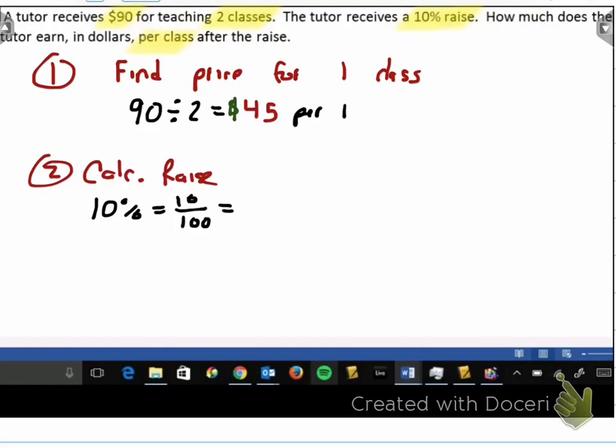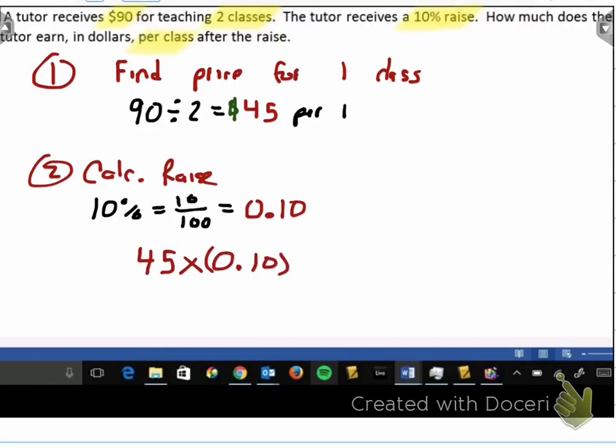So it equals 0.10. And now multiply. So I multiply my 45 times 0.10.